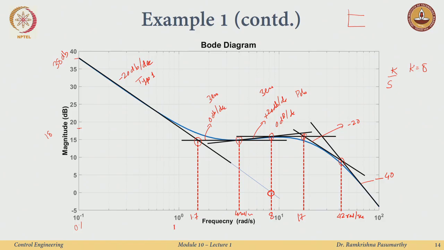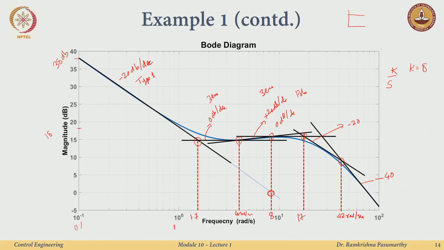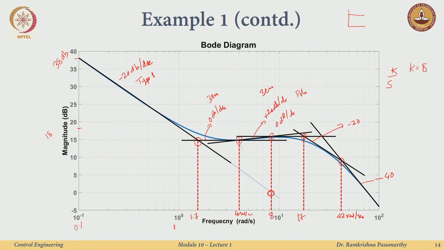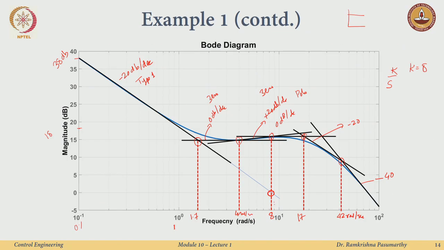So I can write down my transfer function of the form G of j omega. Now I have the gain, this is the low frequency behavior, I am just writing down the sinusoidal transfer function. Then what happens after this? I encounter a 0 at 1.7, so this would show up in this way, j omega by 1.7 plus 1. After that there is another 0 at a frequency of 4 radians per second, so this will be j omega by 4 plus 1, and then after 4 I am at a corner frequency of 8, right.